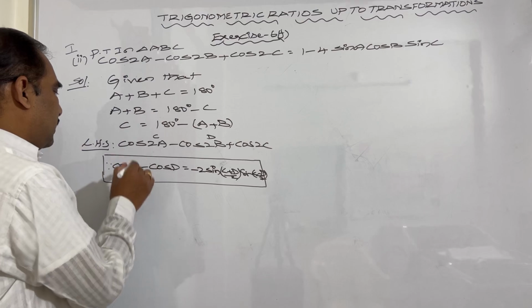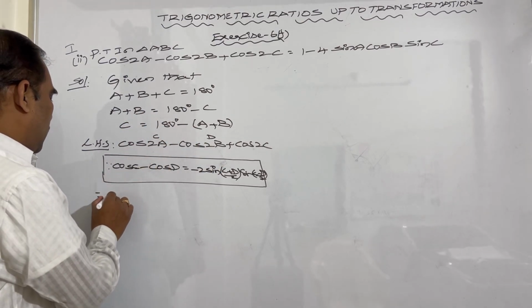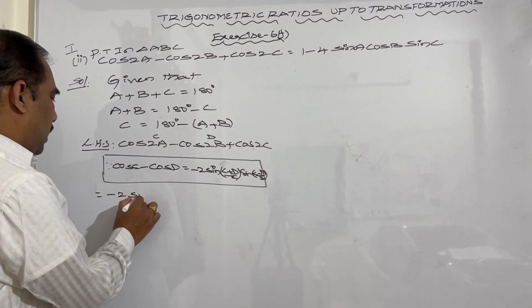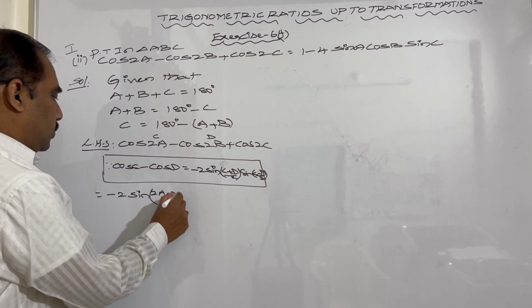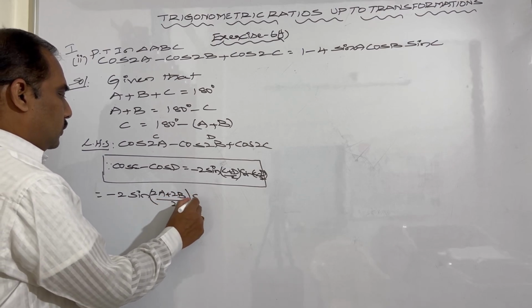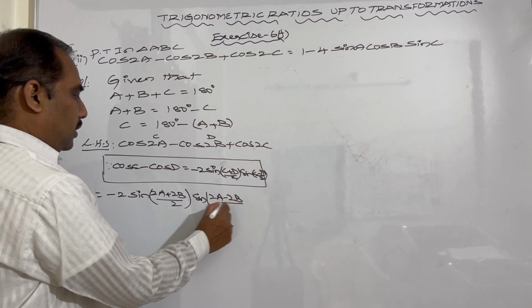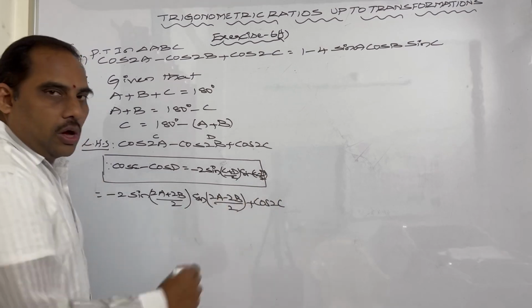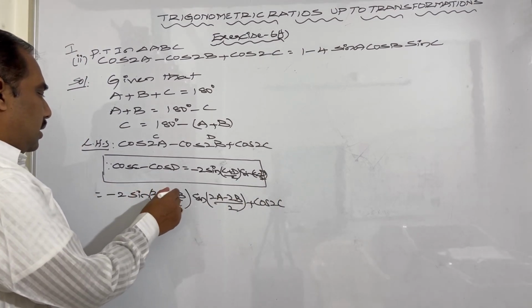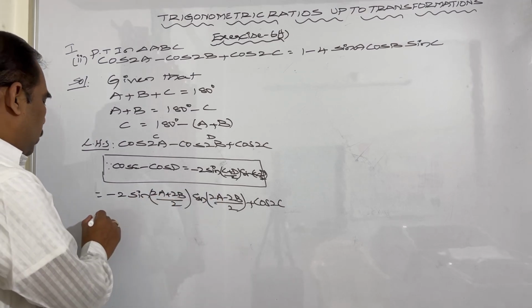So now C is 2A and D is 2B. That's why it can be written as minus 2 sin of (2A plus 2B) by 2 into sin of (2A minus 2B) by 2, plus cos 2C. Observe that in the numerator and denominator the 2 gets cancelled.